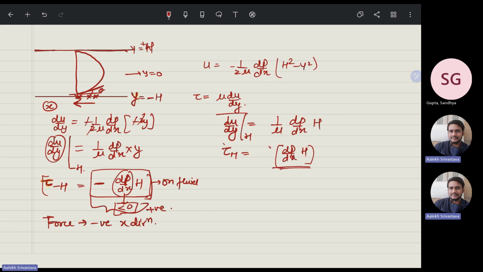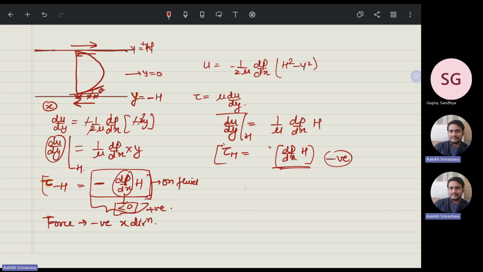If this term is a negative quantity, that means the shear stress by the fluid on the plate is in the negative y direction, and you need to hold the plate in the right side direction to make the plate stationary. This is the meaning of the shear stress at the wall.